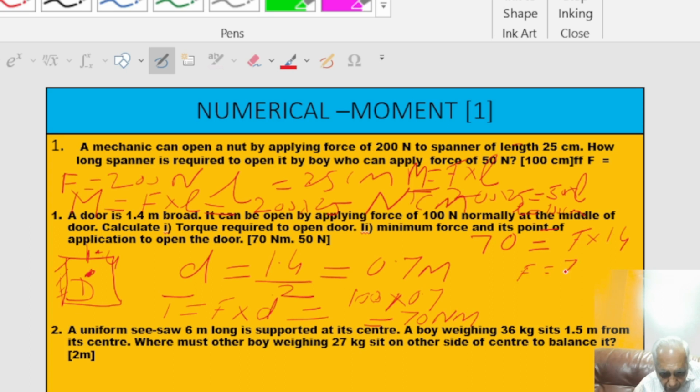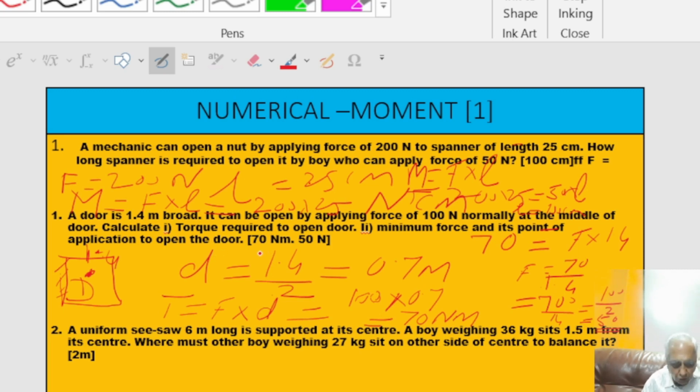If you calculate this, it becomes 700 upon 14, so this becomes 100 upon 2, which gives me 50. So the force required is 50 Newton. If you apply the force of 50 Newton at the end, at maximum d, then this is the minimum force required. Is it alright?